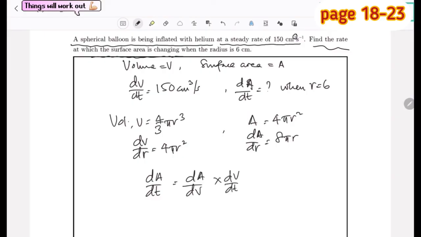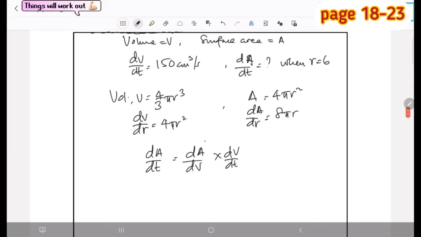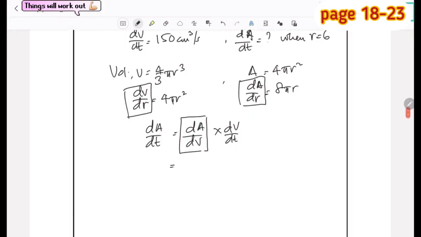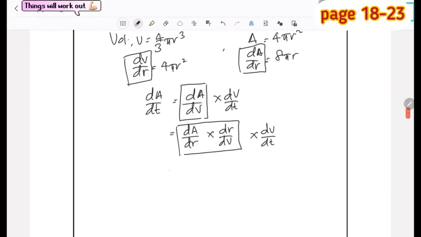So we need to use what's given. We are given dV/dt, but we don't have yet the dA/dV. But we can use dV/dr and dA/dr. So dA/dV will be dA/dr times dr/dV, times dV/dt.